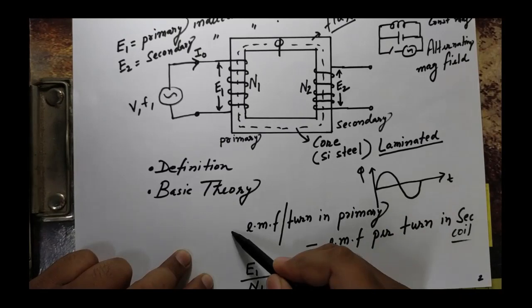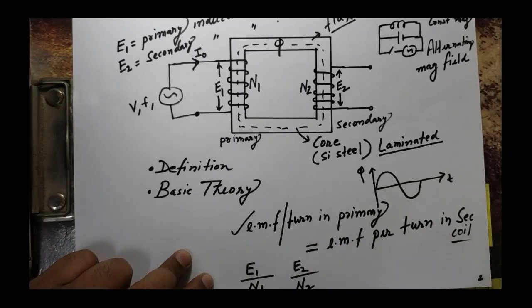And as I explained, the EMF per turn in primary will be equal to the EMF per turn in secondary, so these two will be equal.